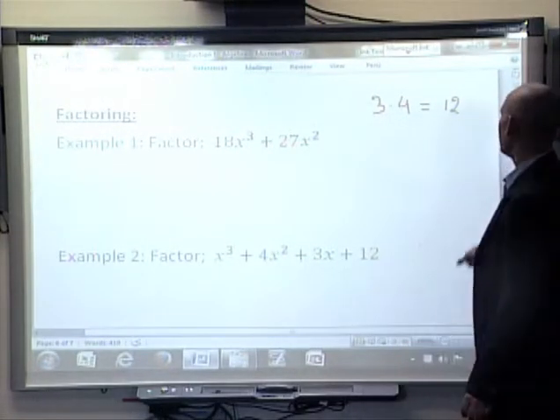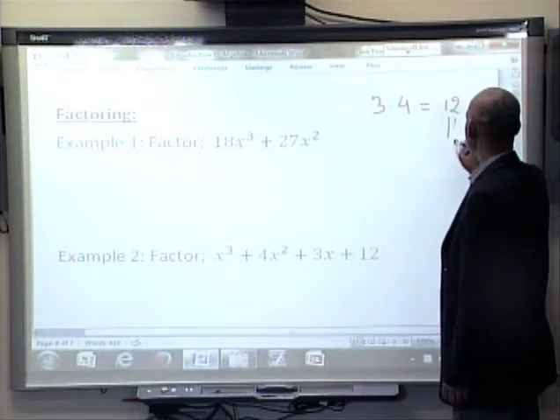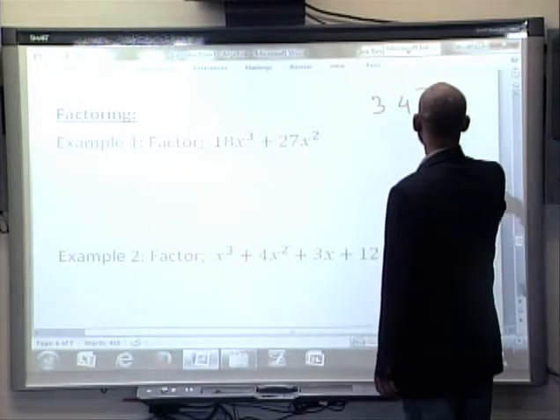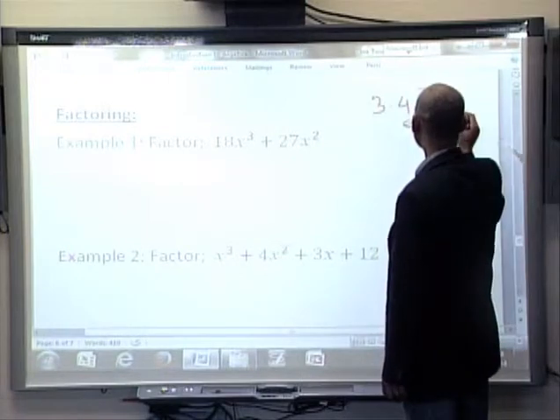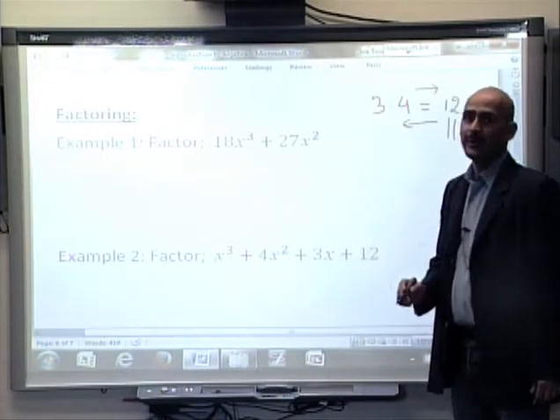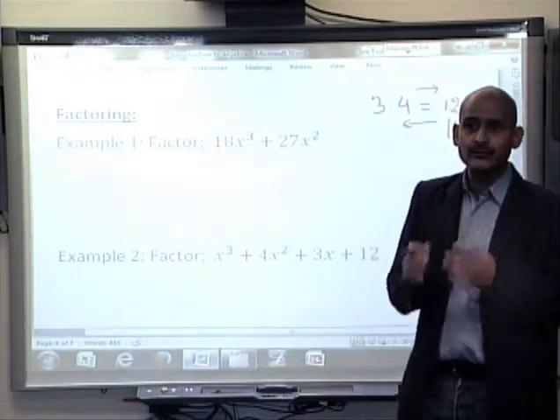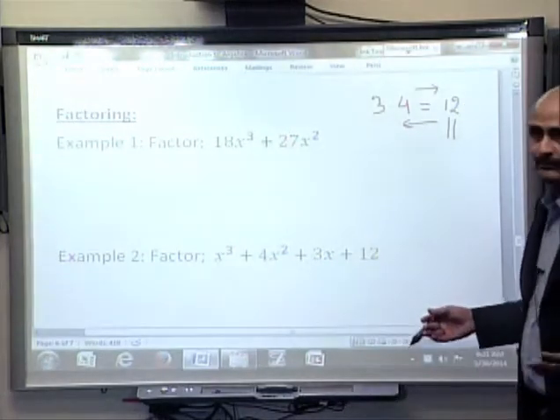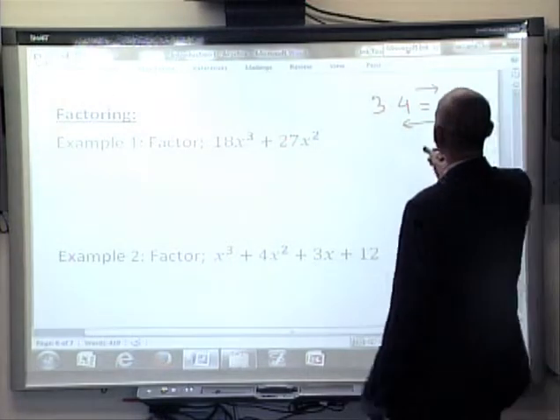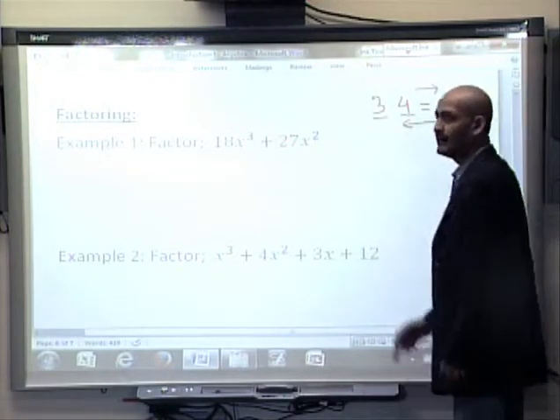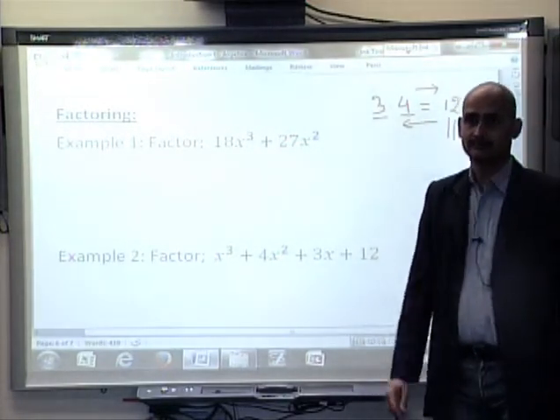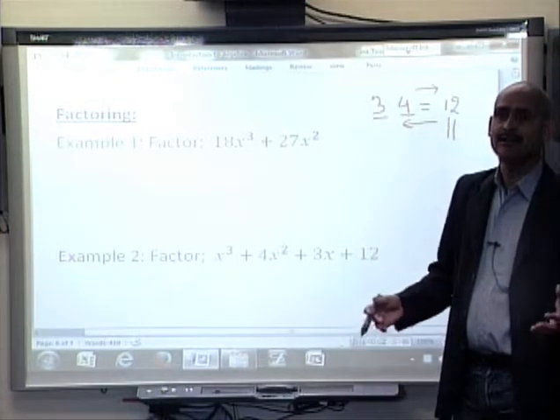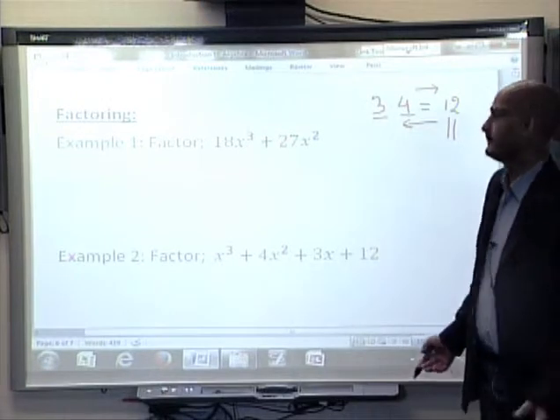Going this way is multiplication and going the way back, if I start from 12 and write 3 times 4 for the 12, we factored 12. Now this 3 is a factor of 12 and 4 is again a factor of 12. This same rule applies in the case of algebraic expressions as well.